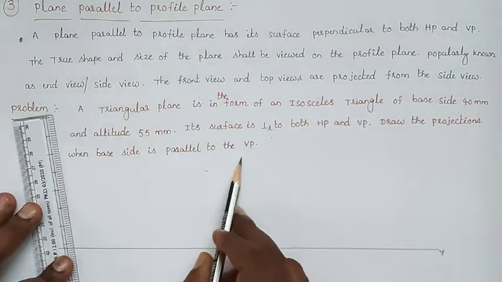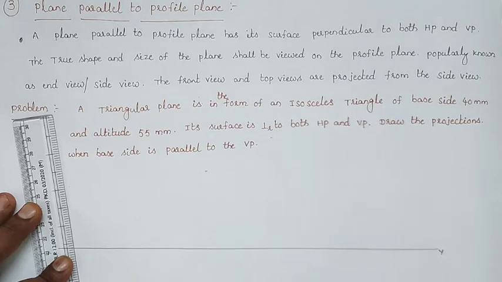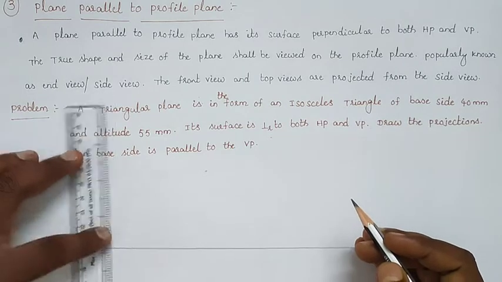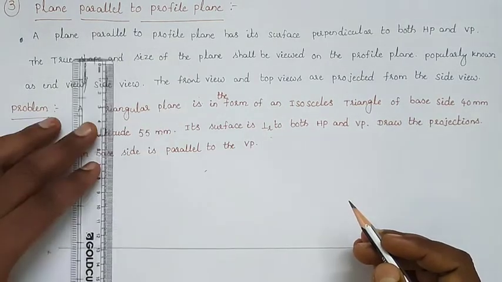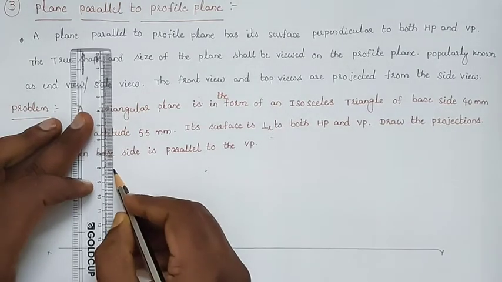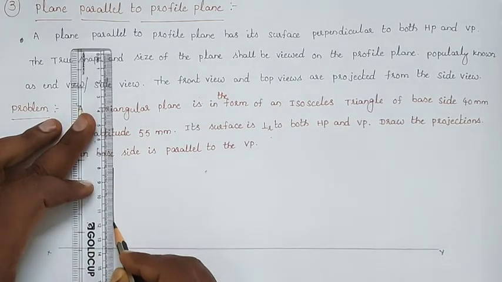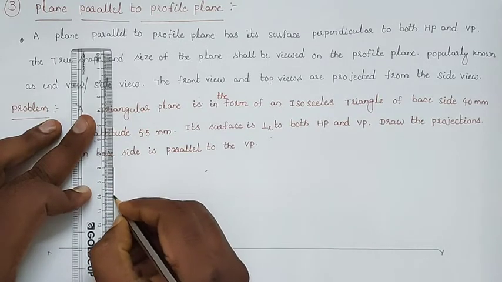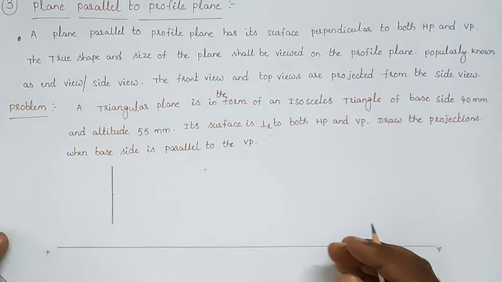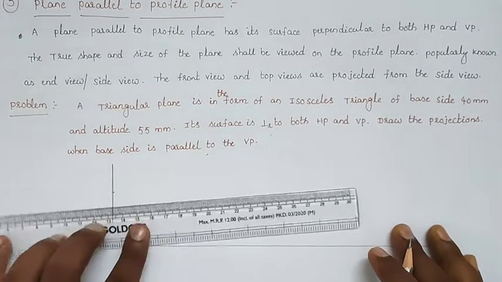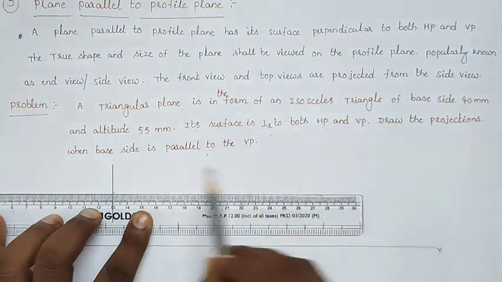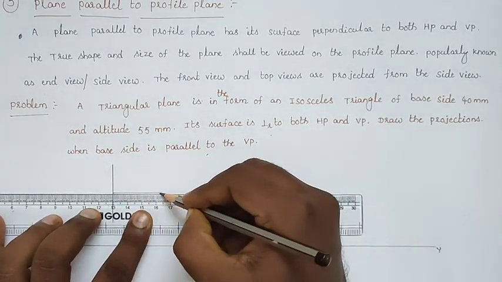The base side is parallel to the vertical plane. So with respect to the horizontal plane, it is perpendicular to the vertical plane. So draw a side of 40 mm perpendicular to the reference line. Take the midpoint of that line and draw the altitude of 55 mm. They are giving that the altitude is 55.